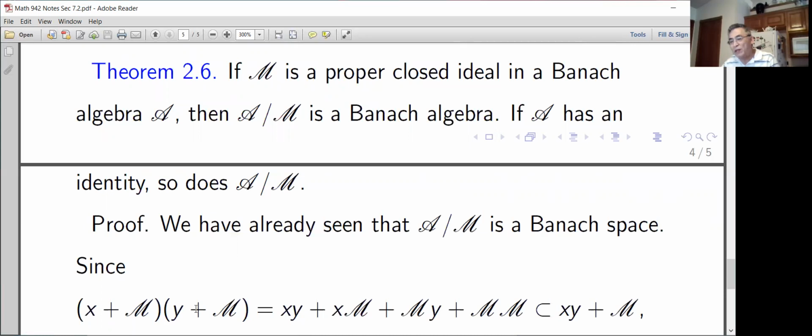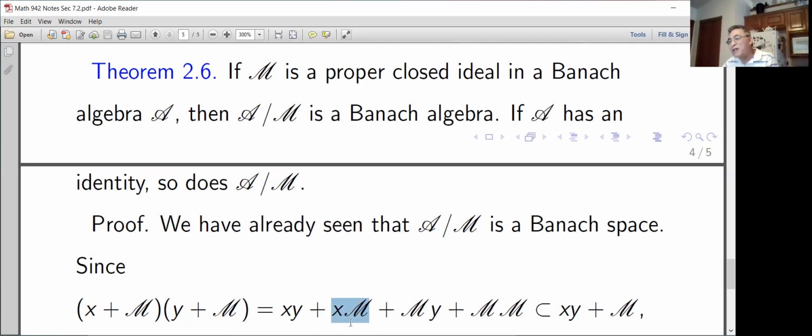We multiply, we get X times Y plus X times M plus M times Y and plus M times M. We just break the parentheses, okay, as if these were numbers. So then we can see that in this formal calculation, in order for this product to be well defined, we need XM is contained in M.